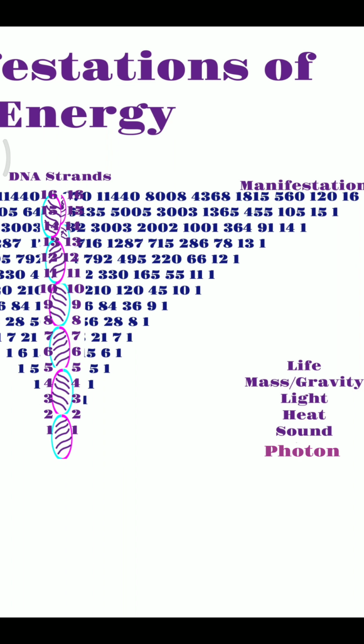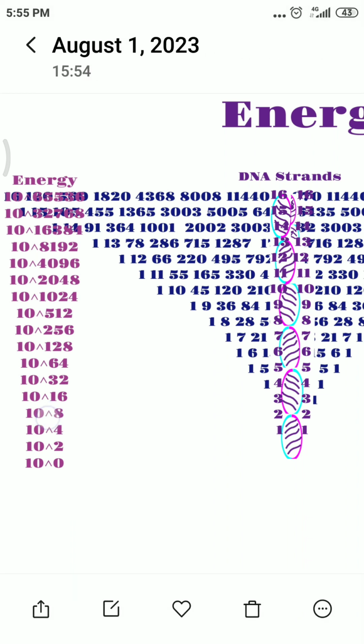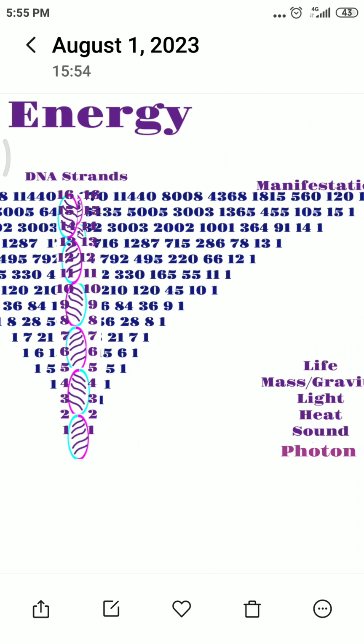So if you take 10 raised to 16, then what is mass? Simply, mass is the square of energy, light, right? Speed of light is 3 into 10 raised to 8. Here you have 10 raised to 8. If you take 3 such light particles and square them, then you will get mass.